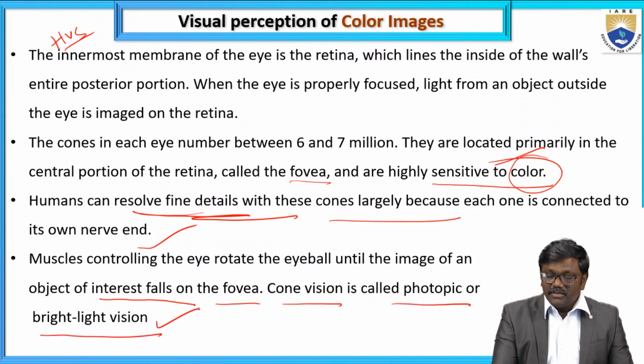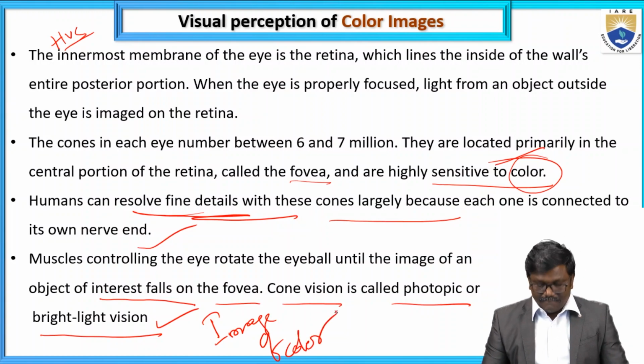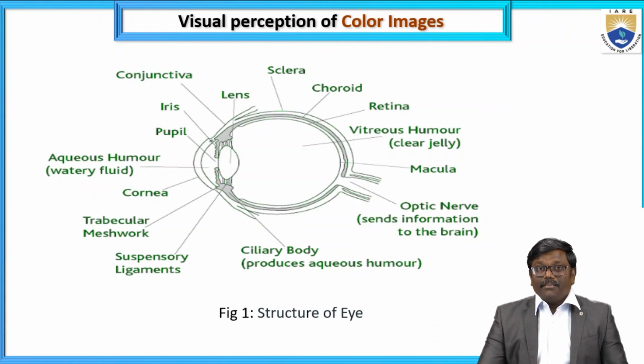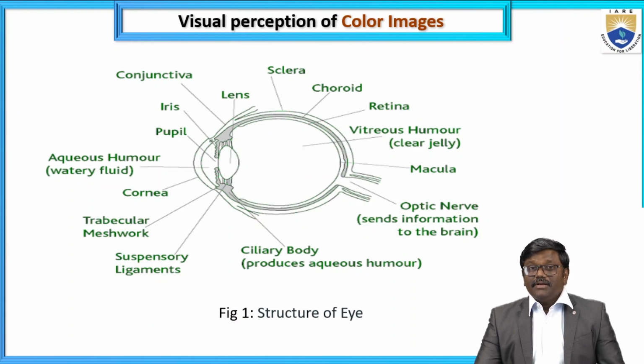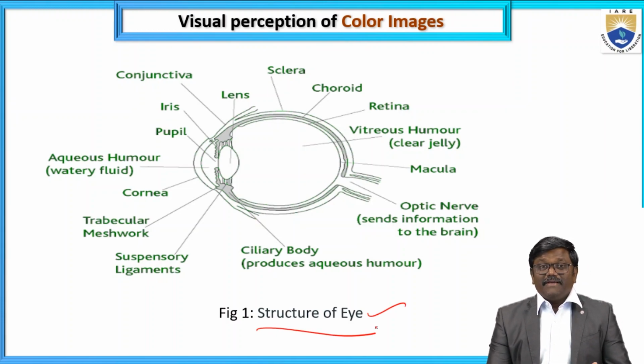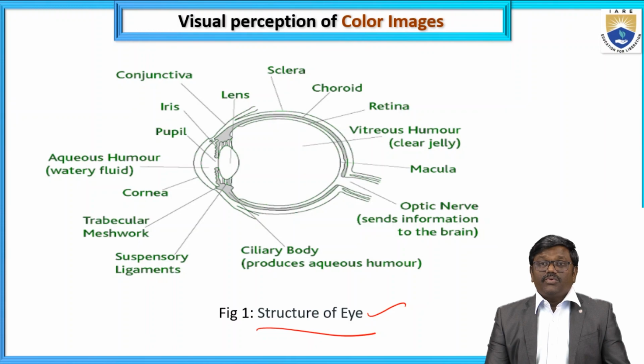Based on this, the color of your image may be identified. You are supposed to understand such a theory in theoretical terms, and how we can connect it with the physical system, that is, the structure of the eye. The center of the retina concentrates on observing the color image.